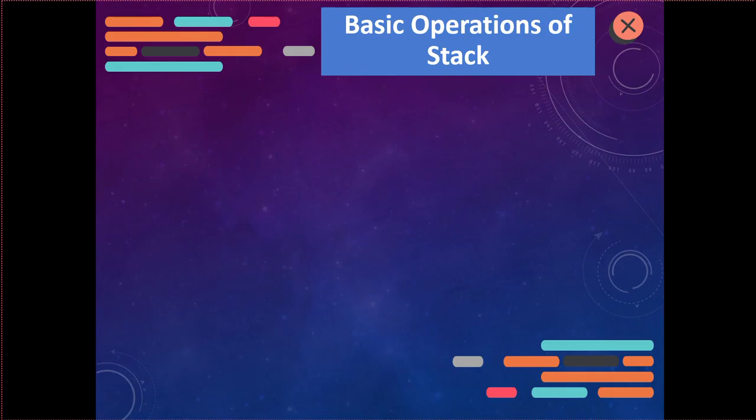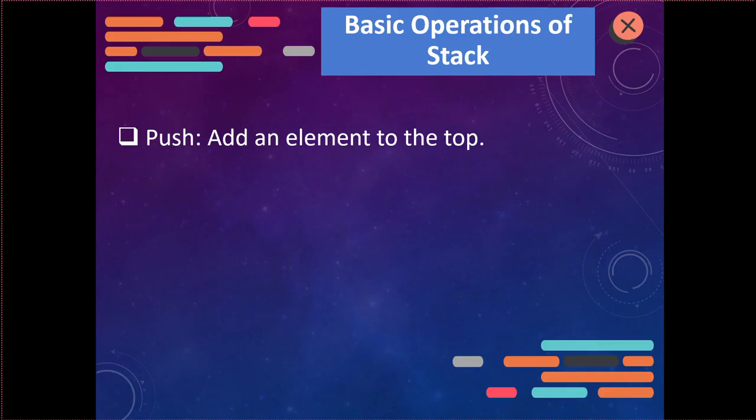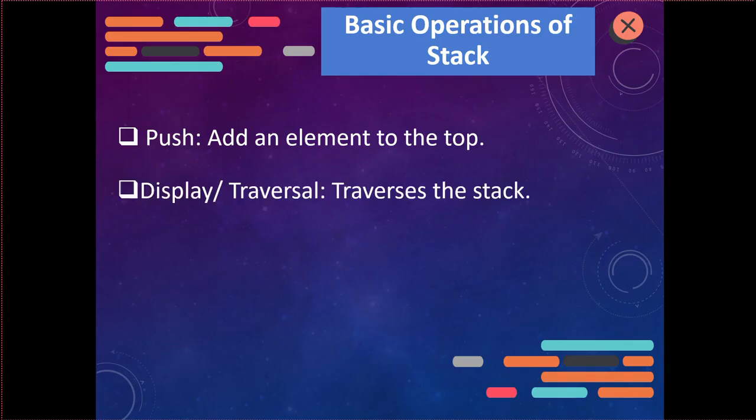So for the implementation or representation of stack, the operations permissible on stack are push, as we already discussed. It adds an element at the top. Similarly, you can display or traverse the values in a stack. We call that the traversal or display operation.